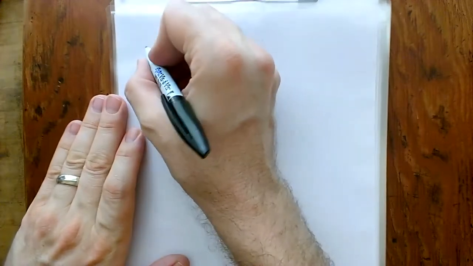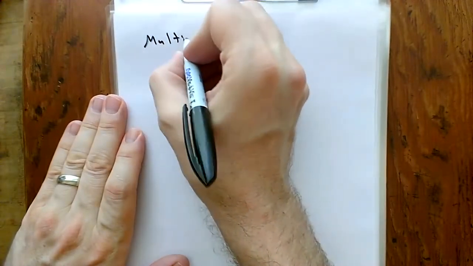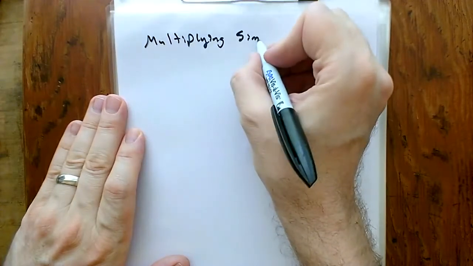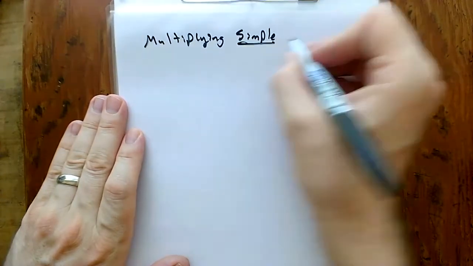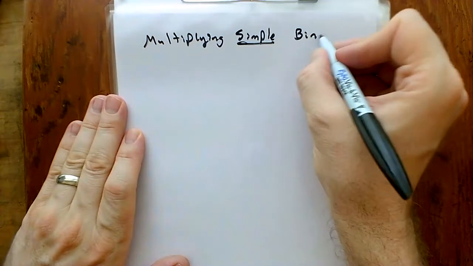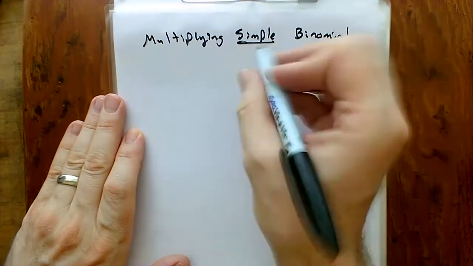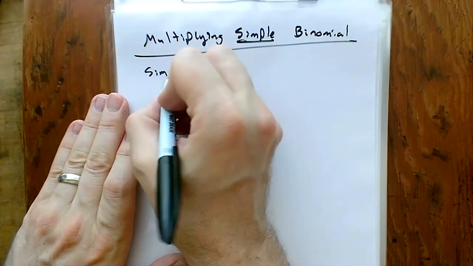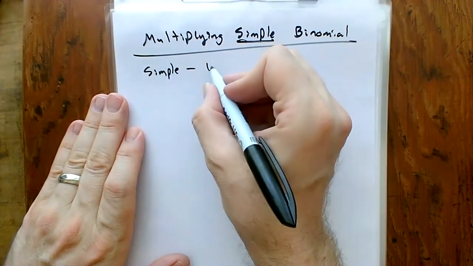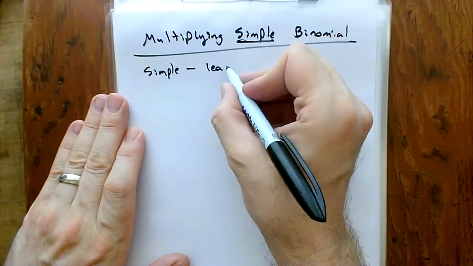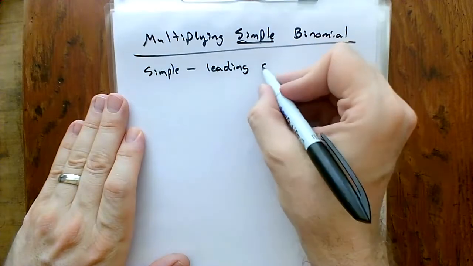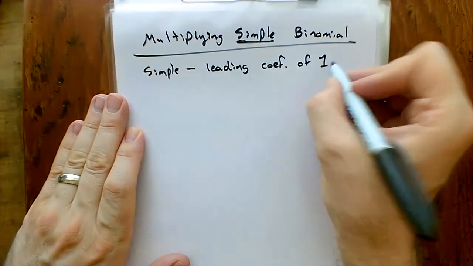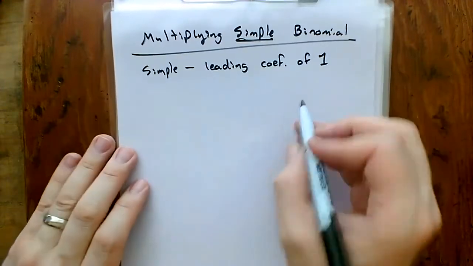And this happens when you're multiplying simple binomials. And by simple, we mean that each one has a leading coefficient of 1, or you might even say it has no leading coefficient.